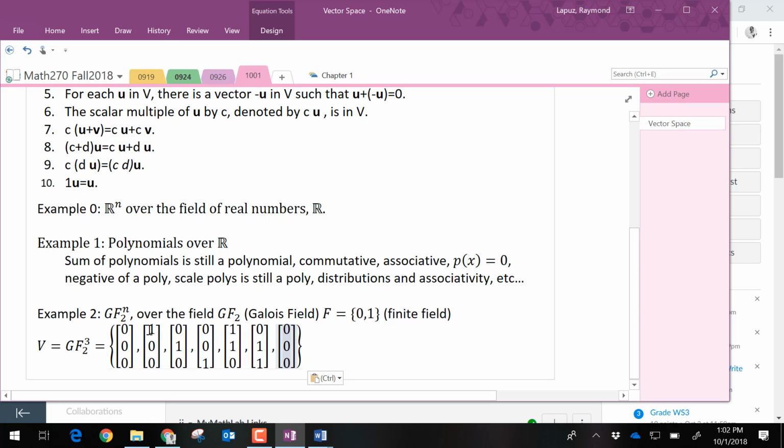So how many is that? What did I miss? Probably should have gone over here. Is that right? So you're right, 8. Better be. You're a computer science major.